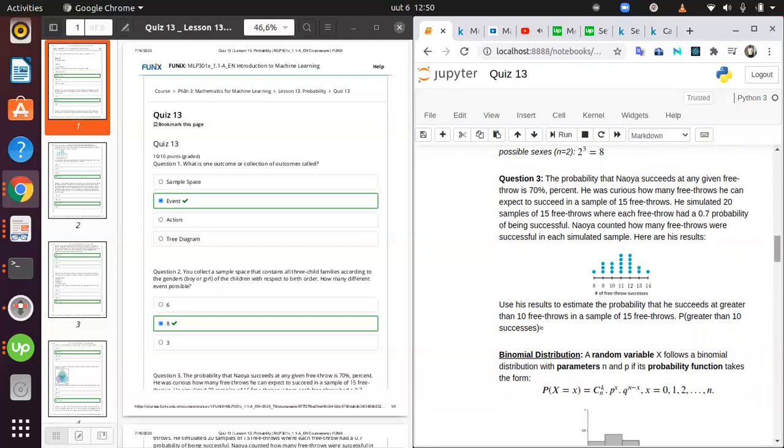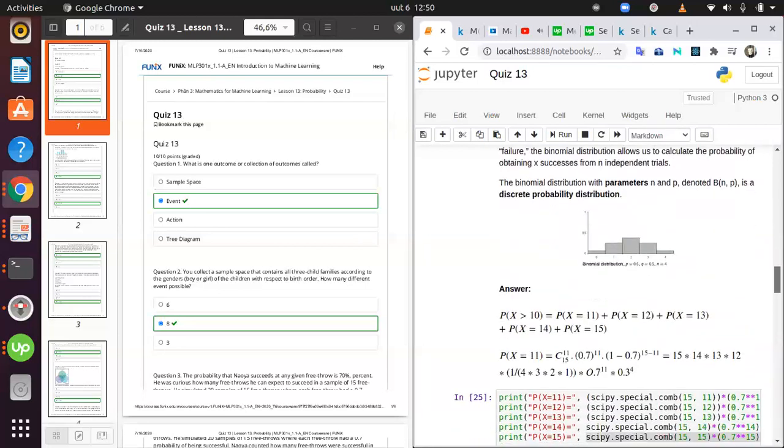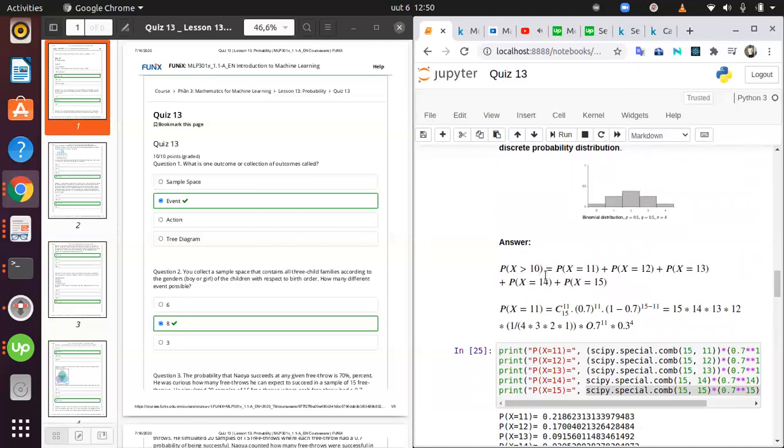So to calculate this, we use... I don't understand. Can you use a notation tool to mark down? Yes, the probability that it is greater than 10 is the probability that it is equal to 11 plus the probability that it is equal to 12, 13, 14, and 15. This sum. Do you agree?